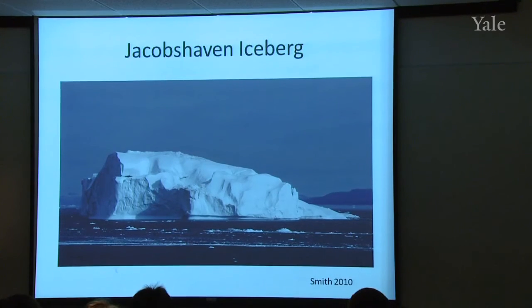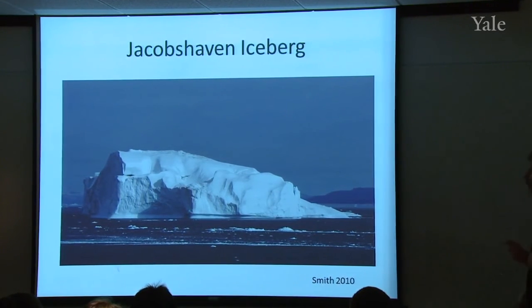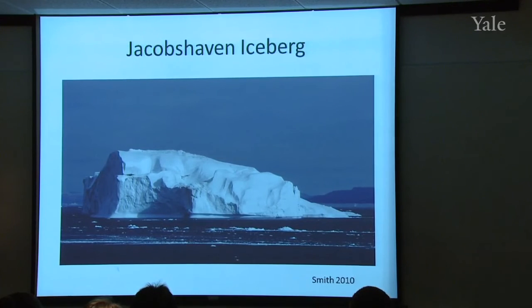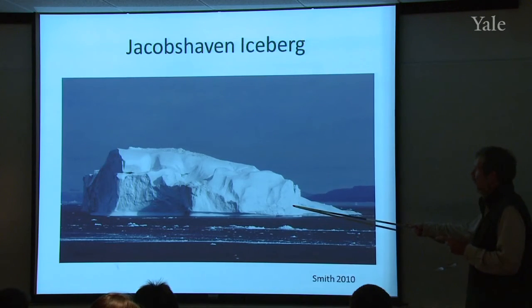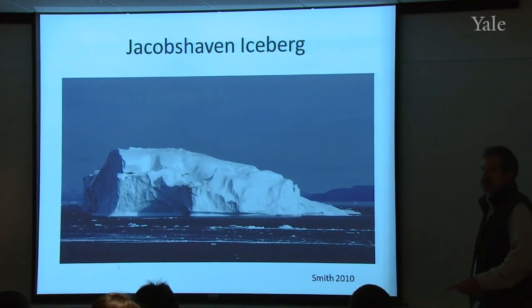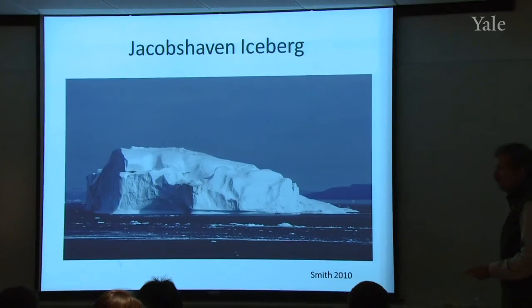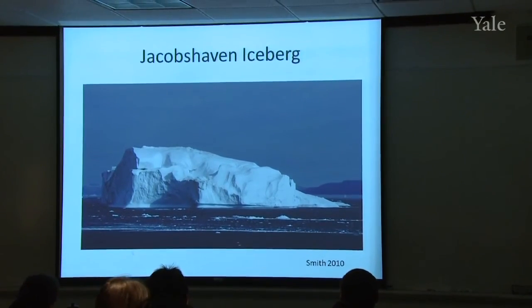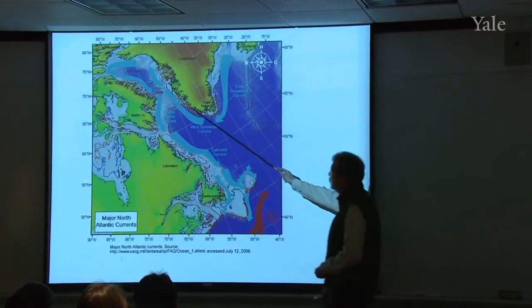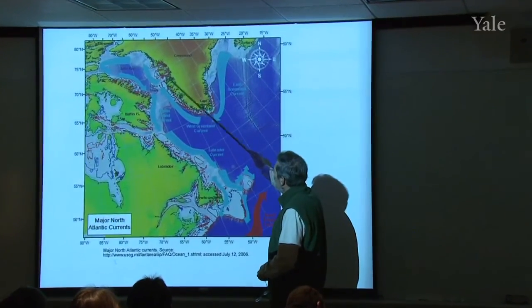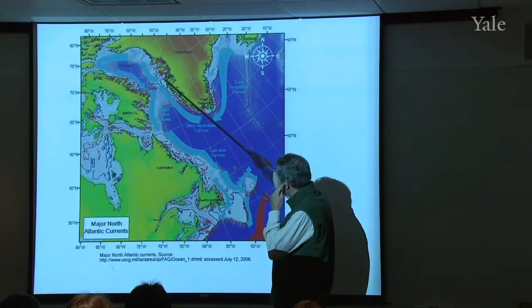The other reason I wanted to show you this particular location, Jakobshavn, is that there's good reason to think that it was a Jakobshavn iceberg that sank the Titanic. And I want to show you the geometry of that. So here is Jakobshavn on the west coast of Greenland.